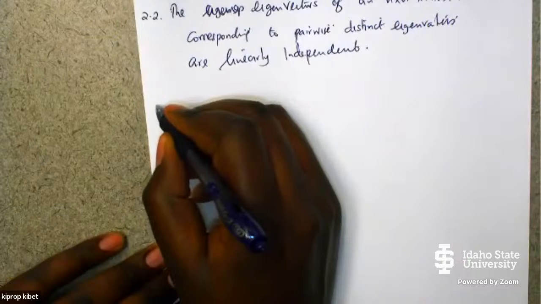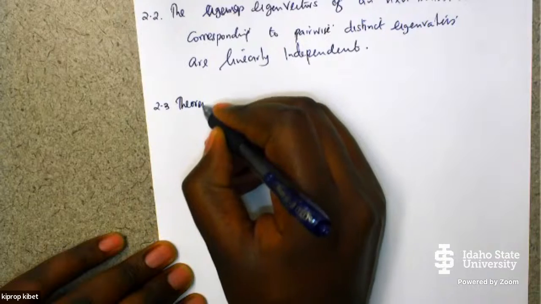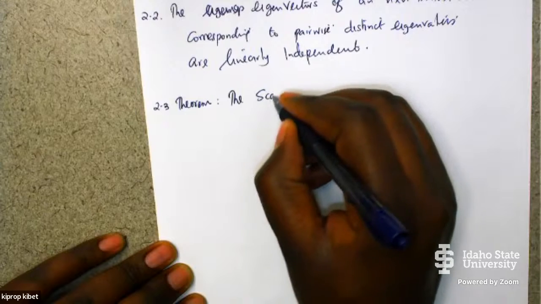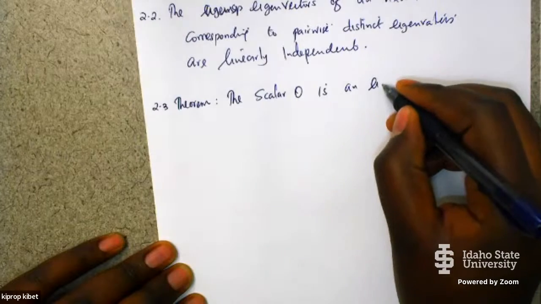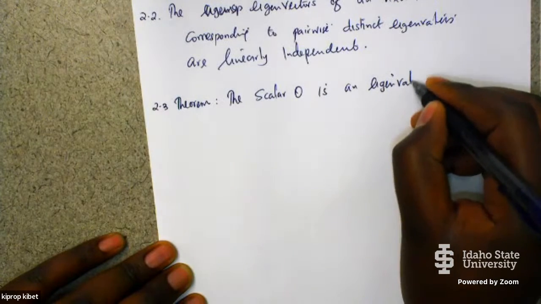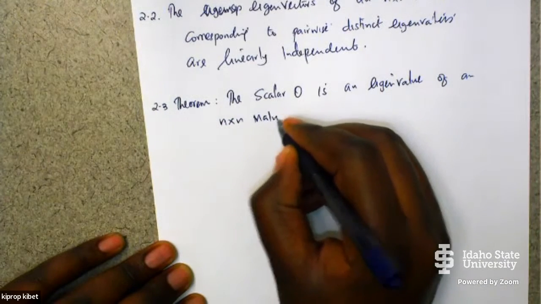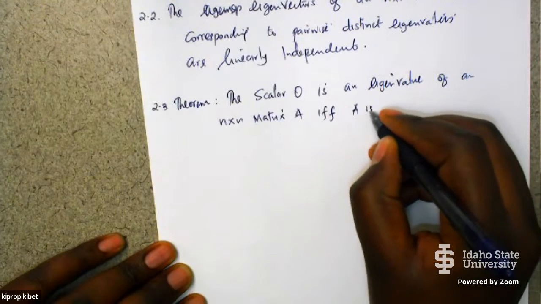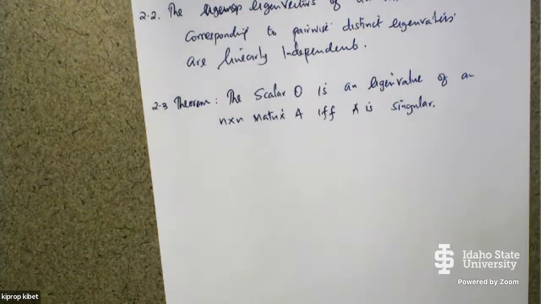Another theorem, theorem 2.3. The scalar 0 is an eigenvalue of an n by n matrix A if and only if A is singular.